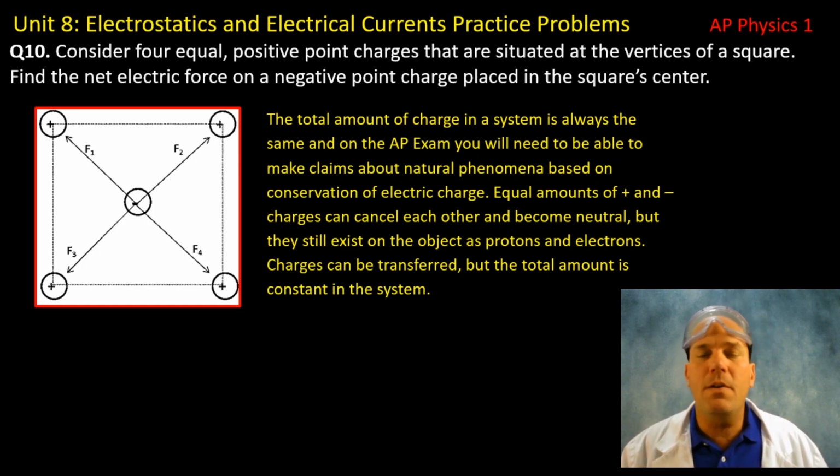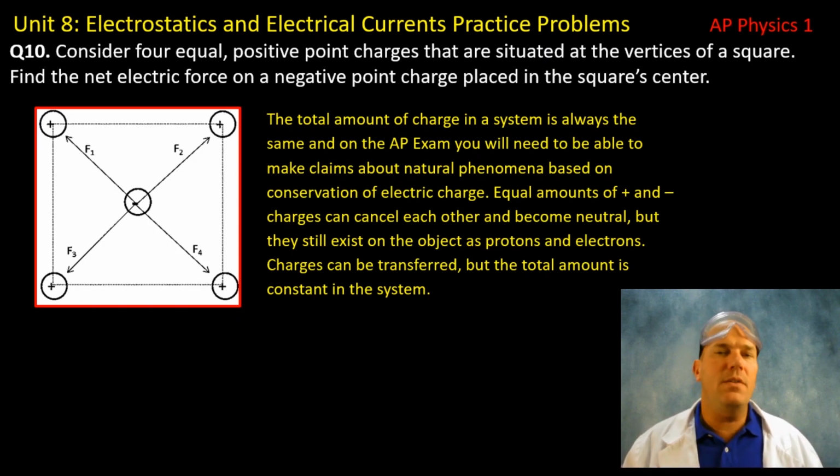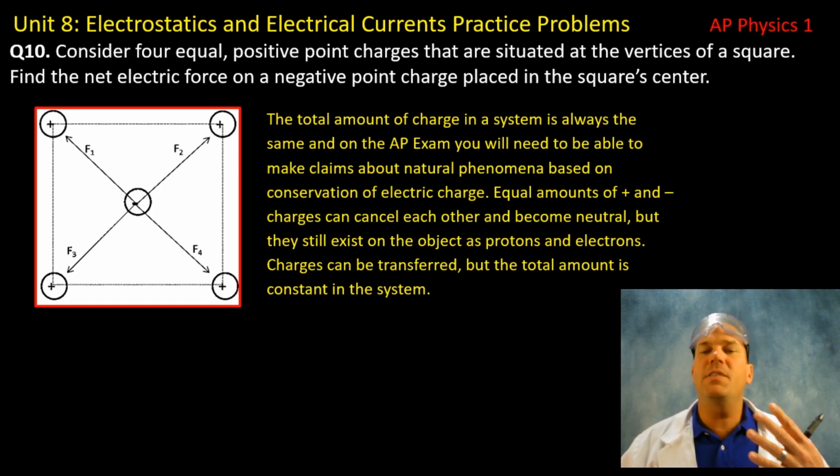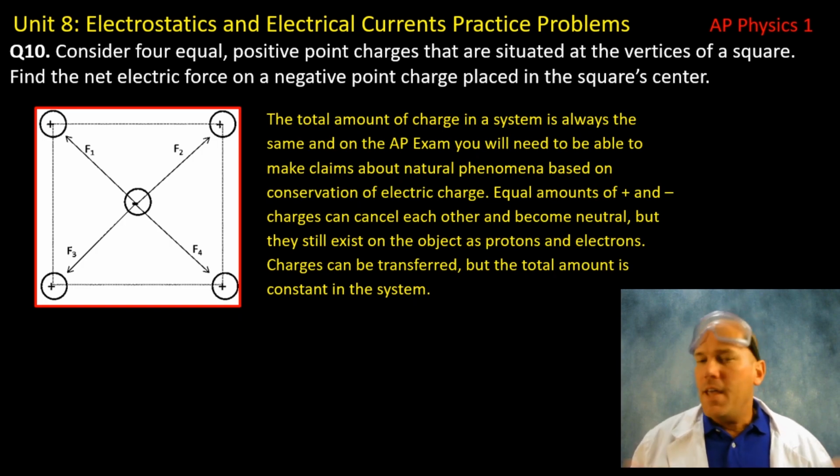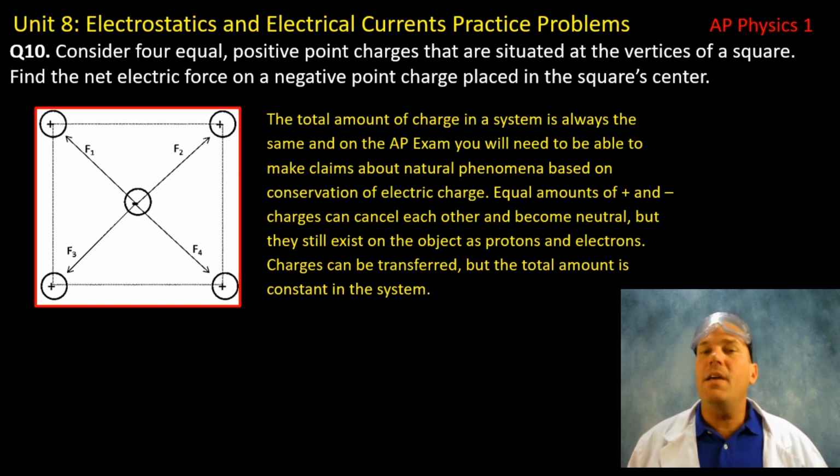And just a reminder from your College Board big ideas that the total amount of charge in a system is constant. You're going to need to understand equal amounts of positive and negative charges can cancel each other out and can be neutral, but they are still there. They still exist.